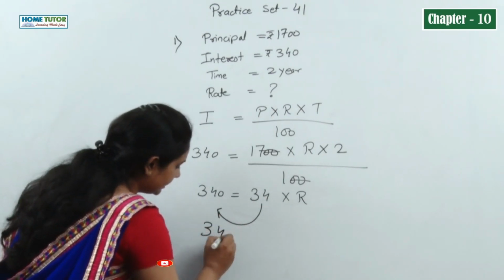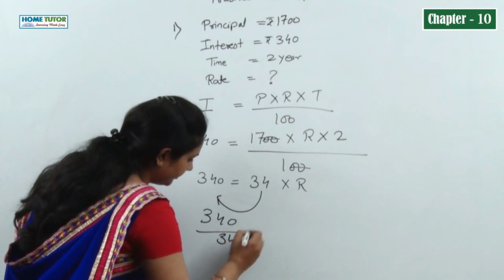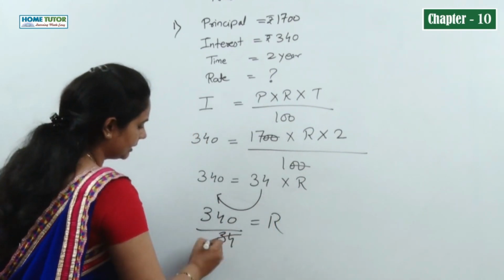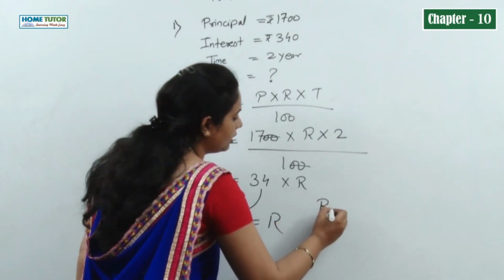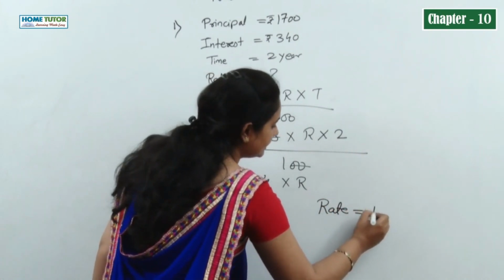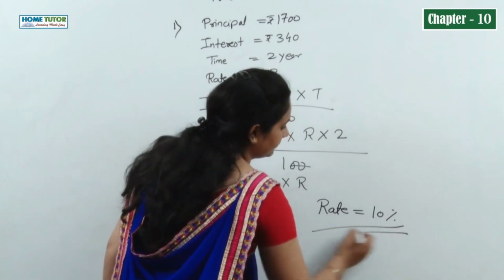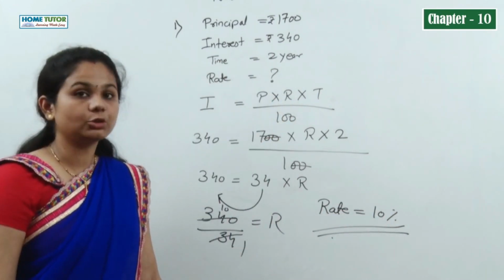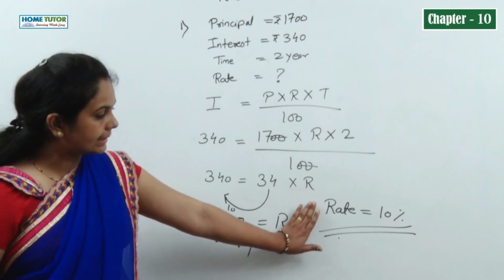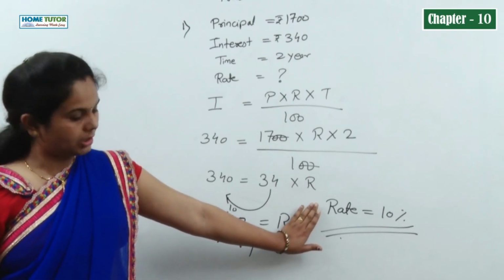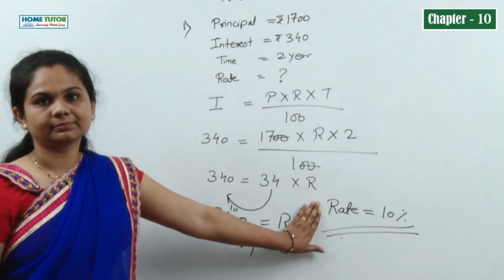So this is 340 divided by 34 is equals to R. 34 ones are 34, 34 tens are 340. So value of R, that is your rate, is equals to 10%. हमारे पास जो options थे 4 options, in that the answer is 10%. That is your fourth option.